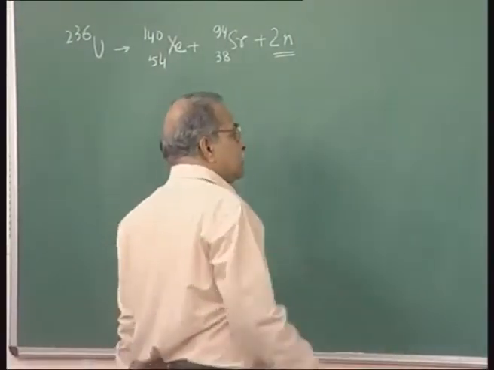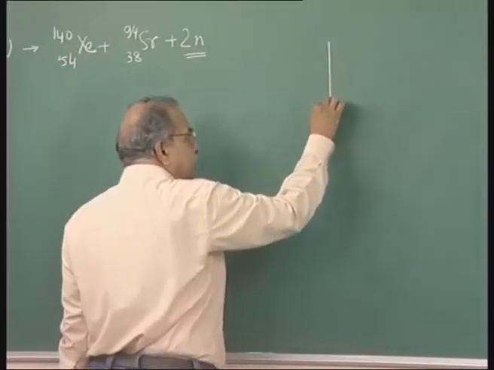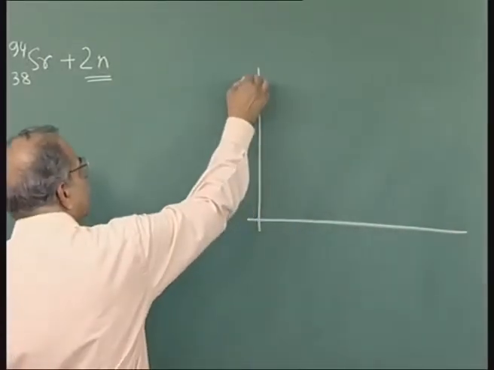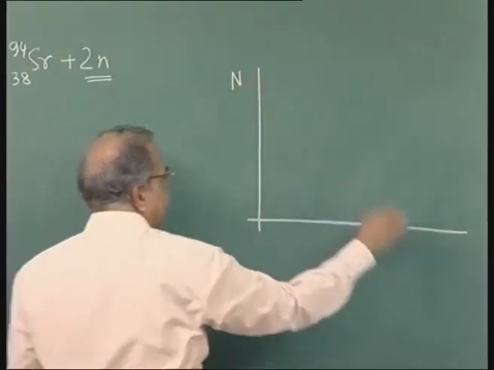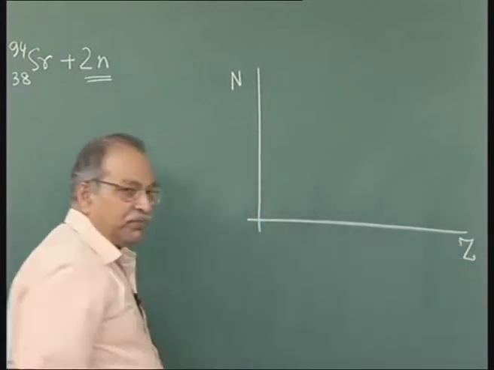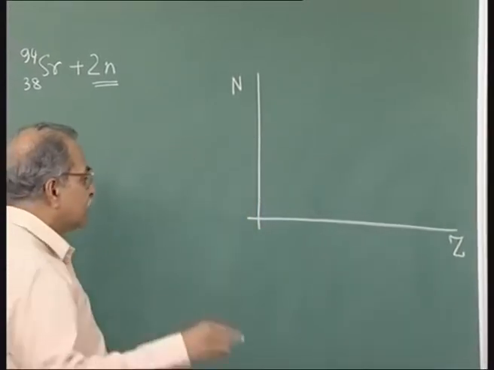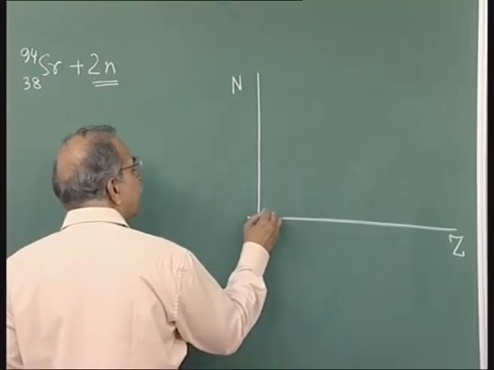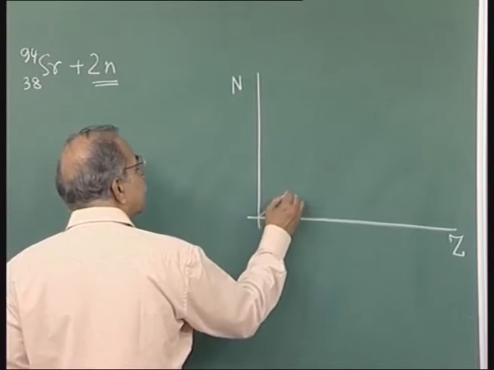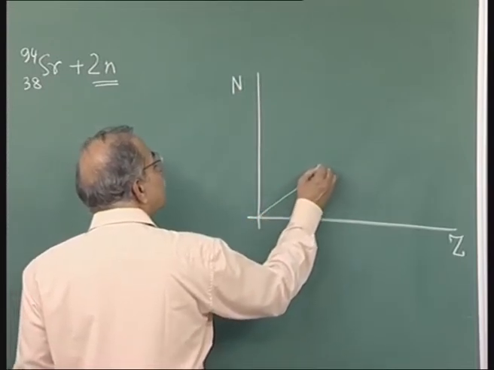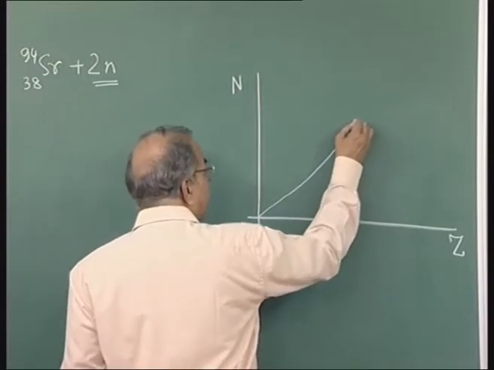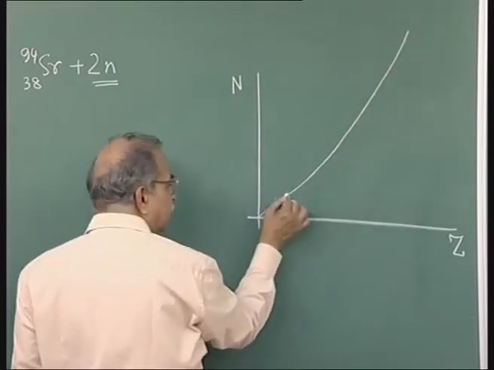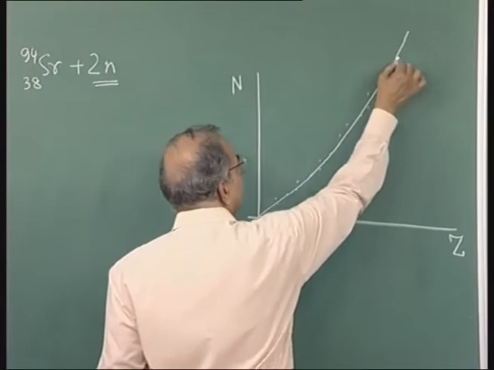So, what are these? If you look at N versus Z for the beta stable particle distribution, with N on this side and Z on this side, remember that initially for light nuclei N is equal to Z, but then as the number increases, the number of neutrons goes up. It is like this. So these around this line are the beta stable nuclei.